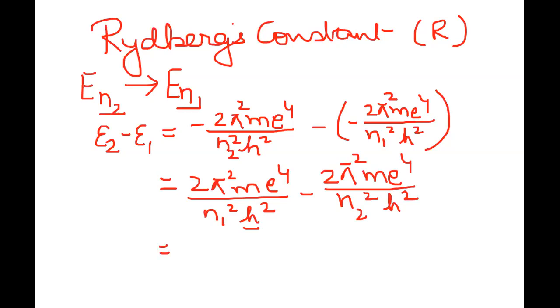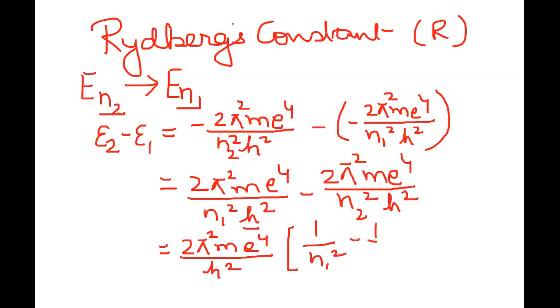Okay, so in this case I can take out the common 2 pi square m e4, and h square as common because that's the Planck's constant, and I can write the rest within brackets as 1 by n1 square minus 1 by n2 square.